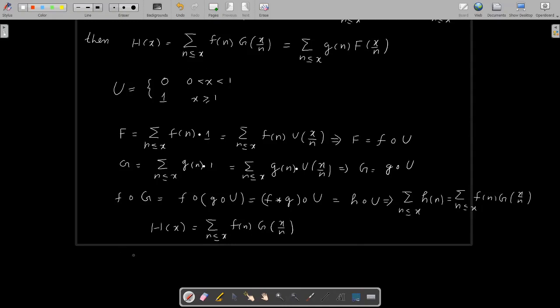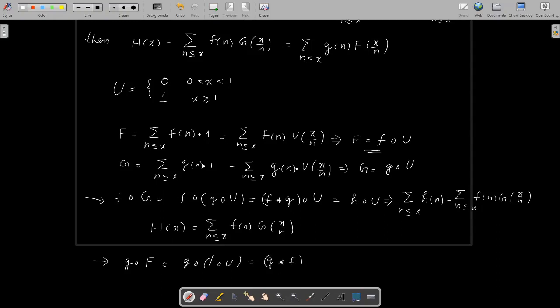Now you take g convolution f. Then g convolution capital F is obtained as g convolution f convolution u. That is equal to, by associativity, g star f convolution u.